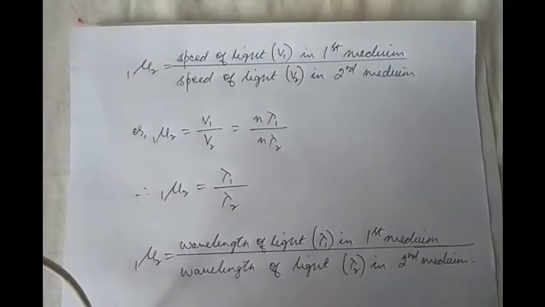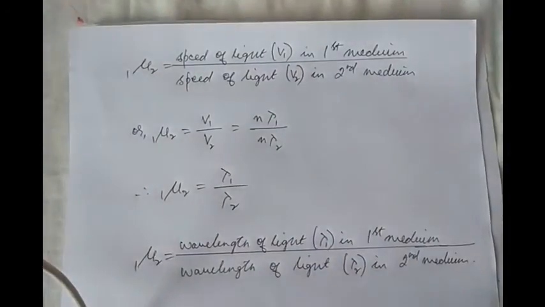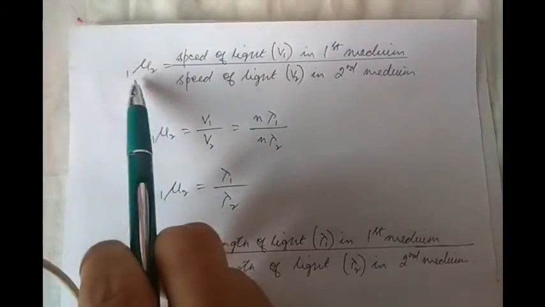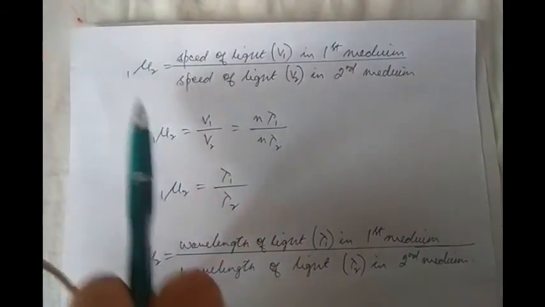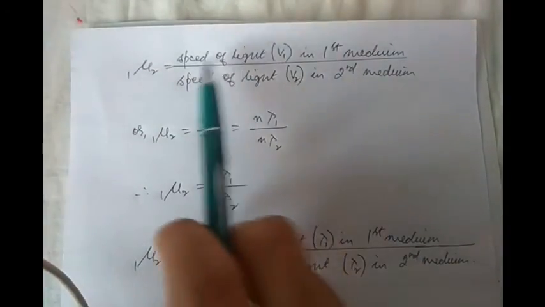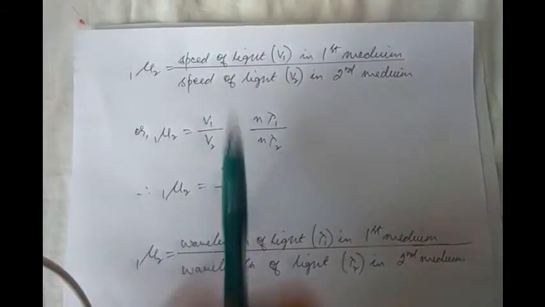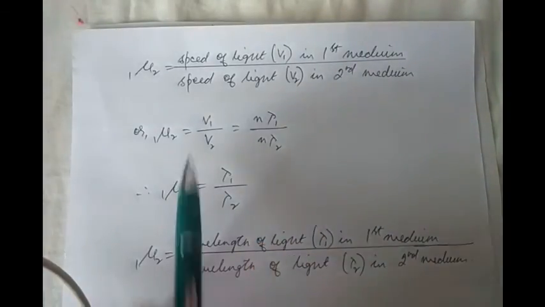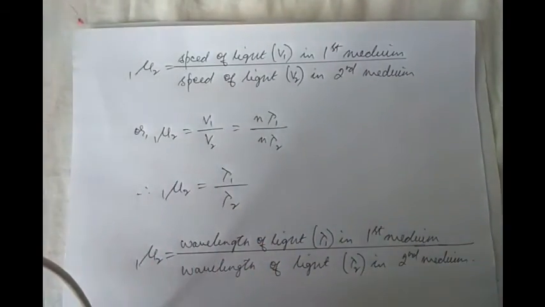This brings us to the third definition of refractive index. See, this was the second definition of refractive index. Refractive index of the second medium with respect to the first medium is speed of light in first medium, we are calling it v1, divided by speed of light in second medium, we are calling it v2. So mu21 is v1 upon v2.